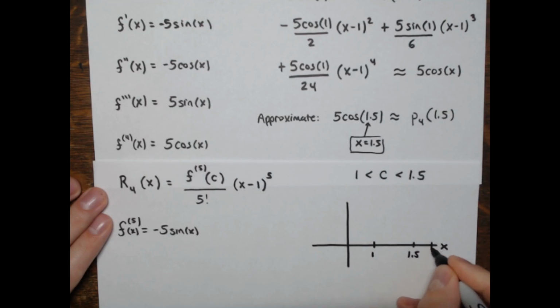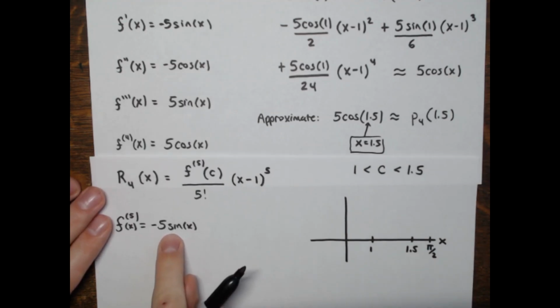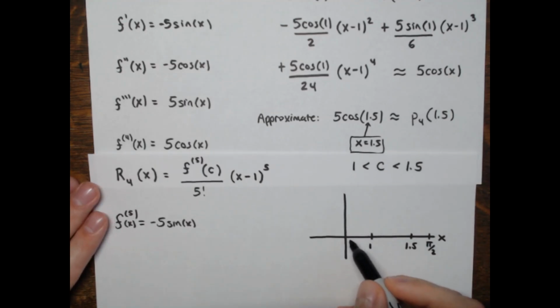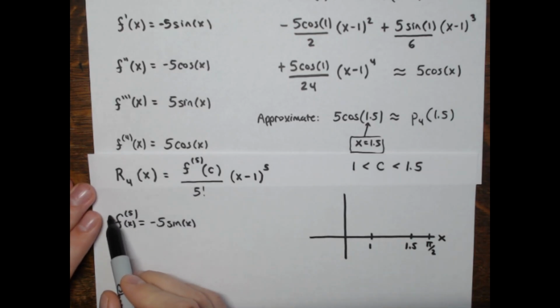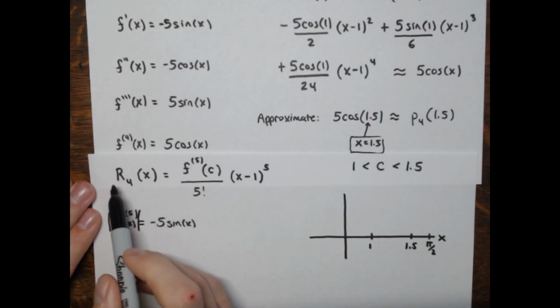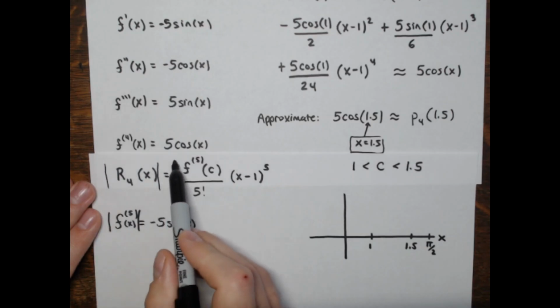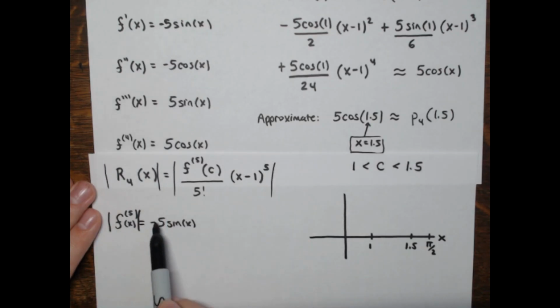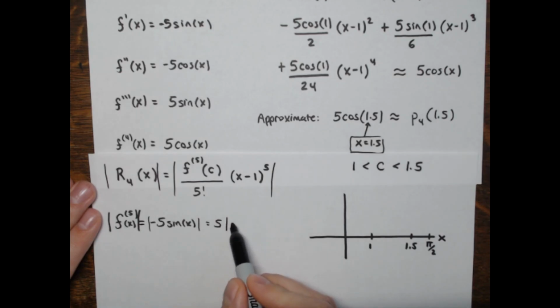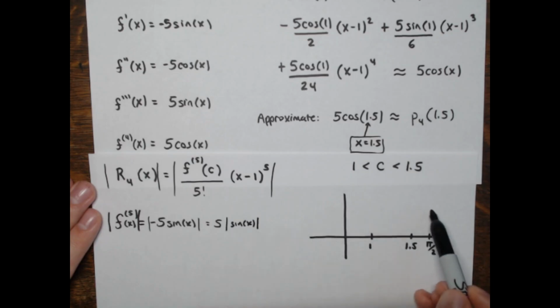Pi over 2 is 1.57 something, so 1.5 is a little left of pi over 2. Actually, we're going to be doing the absolute value of this, because I want the absolute error, how far off we are. So that'd be 5 times the absolute value of sine of x, which between 0 and pi over 2 is positive anyway.